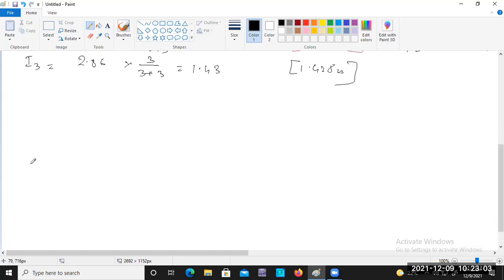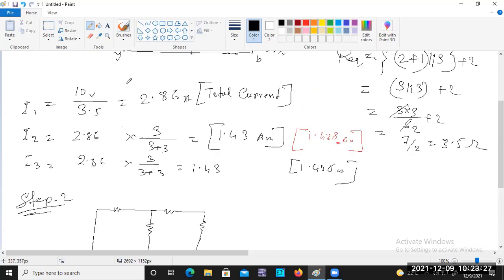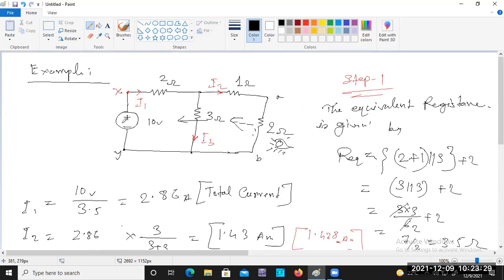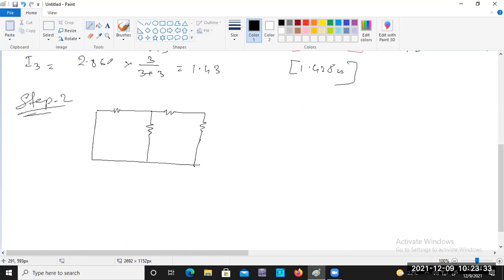Now we have to examine step 2. In step 2, we interchange the voltage source position. Here is your circuit. In the previous section, the voltage source is at the XY terminal, but we have to change this terminal.